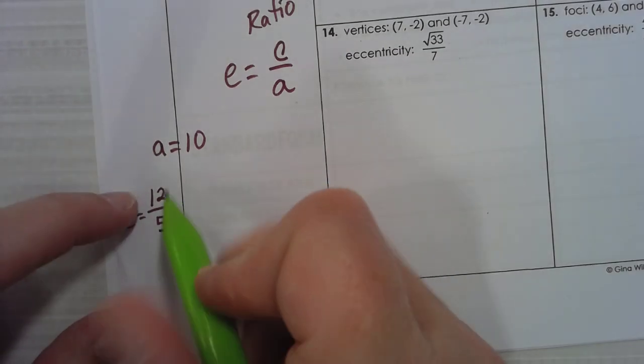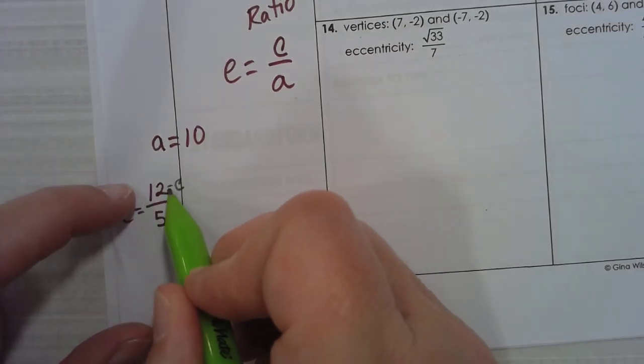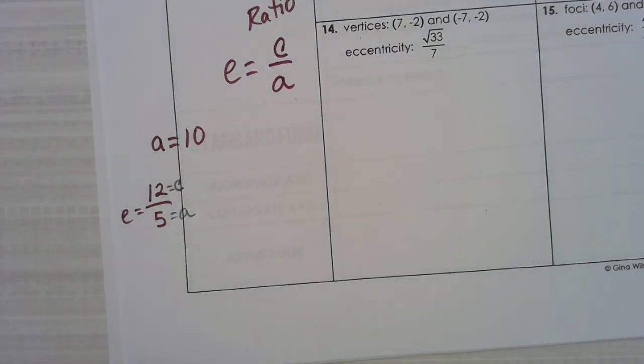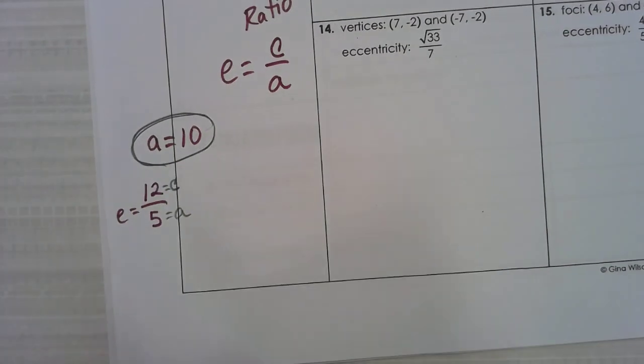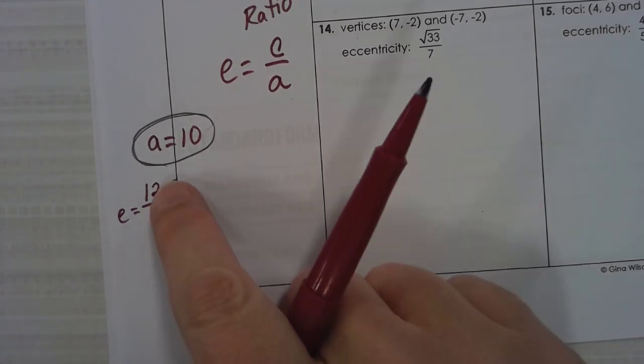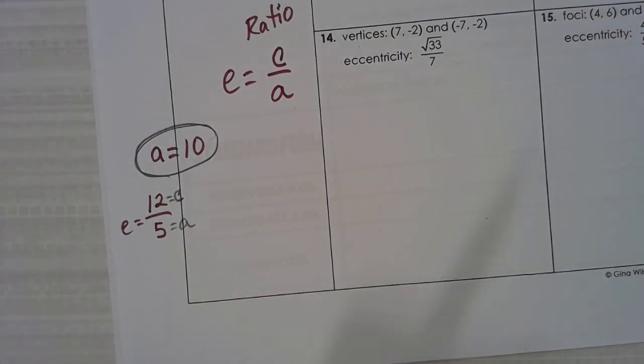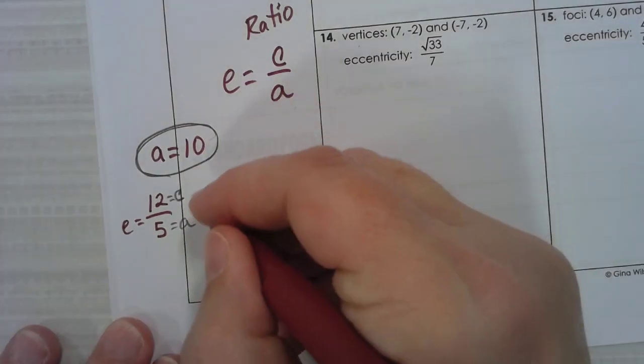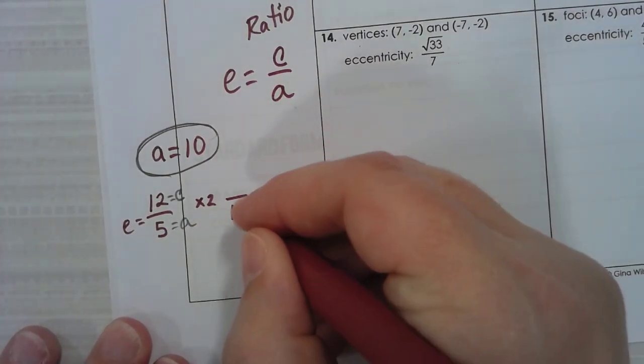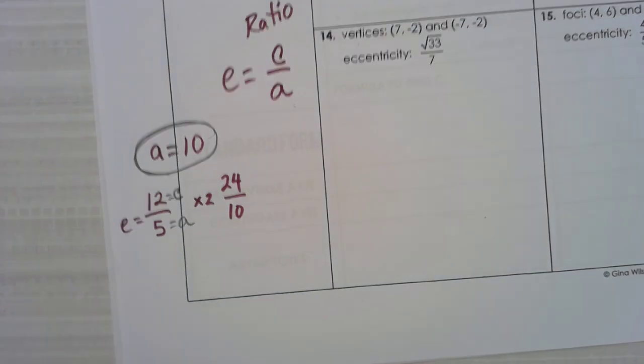So when I look at this ratio, 12 is C, and 5 is A, right? But according to my vertices, A is supposed to be 10. So what should I do to this 12 over 5 to make A 10 and not 5? Times it by 2 so that I'll have 10 and 24, right?